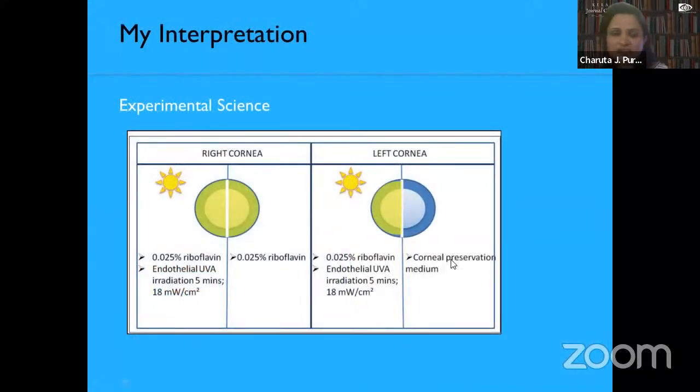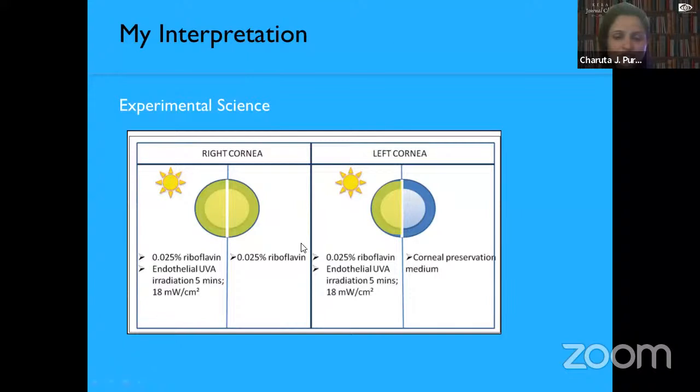Also, regarding the experimental science that has been done recently, I came across an article wherein they took the studies that said our calculation of the absorption coefficient was inaccurate, and they took the endothelial side up and treated it with the same protocols that we use for cross-linking.